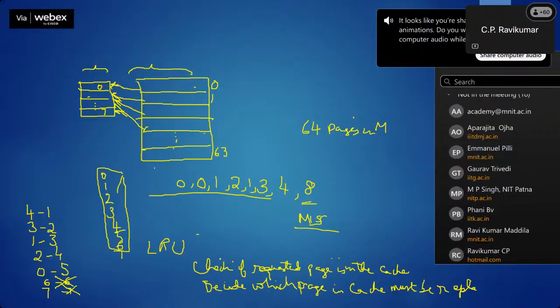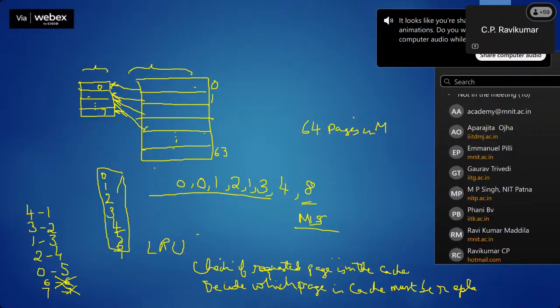Maybe there is a bug in the algorithm because of which the least recently used policy is incorrectly implemented. So the verification has to check that.